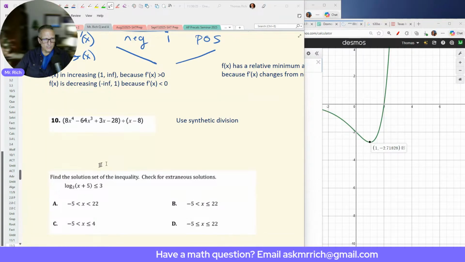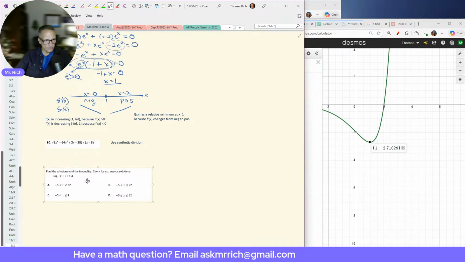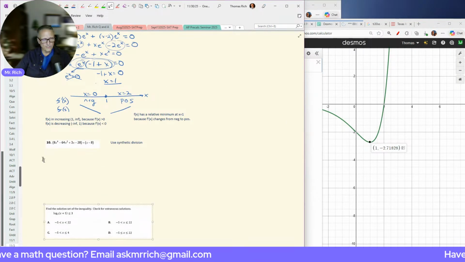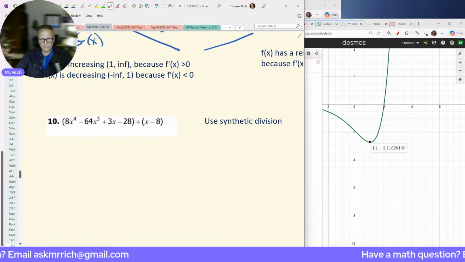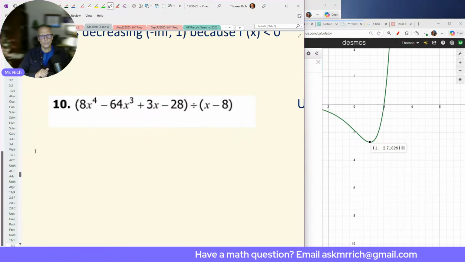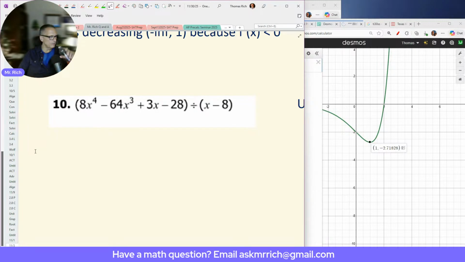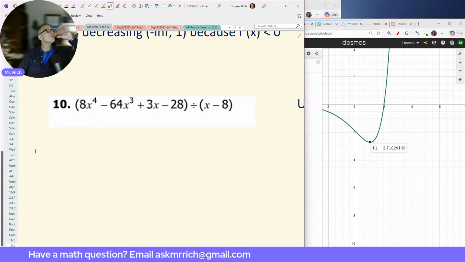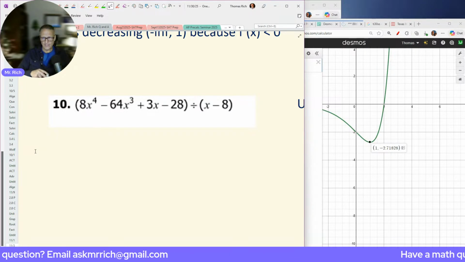So this is an Algebra 2 problem here. It gives us a polynomial division problem, and it wants us to use synthetic division to do the division. And I don't think that's going to be too difficult here.